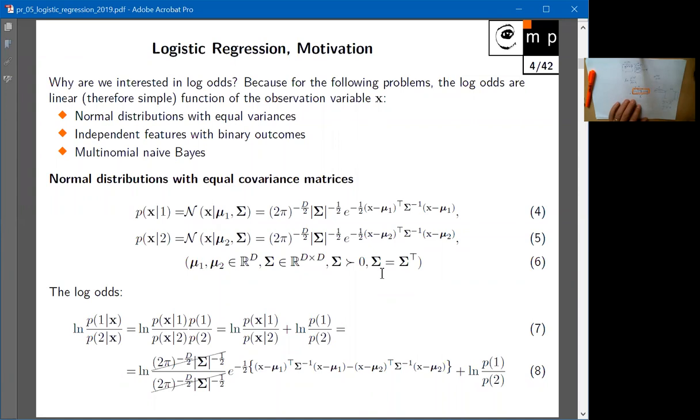What does it mean? A matrix is positive definite if for any vector, this thing is greater or equal to 0.